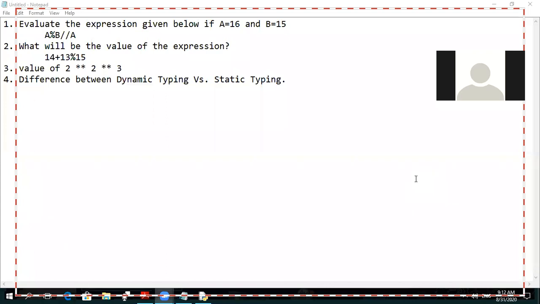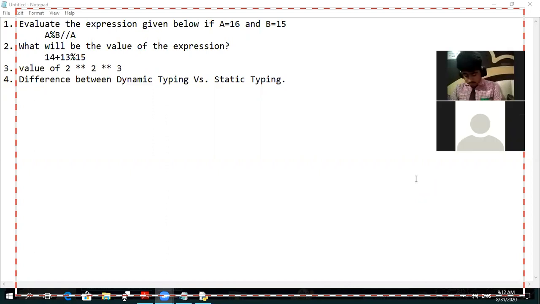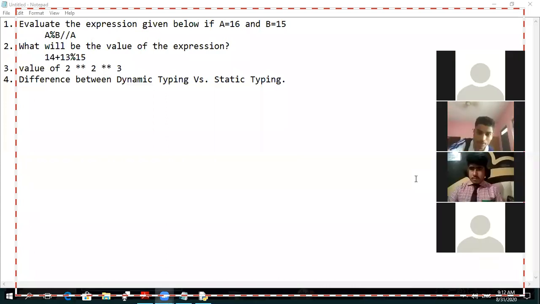Can I explain this? Because you are taking lots of time here to solve this question. Okay, now I will explain.